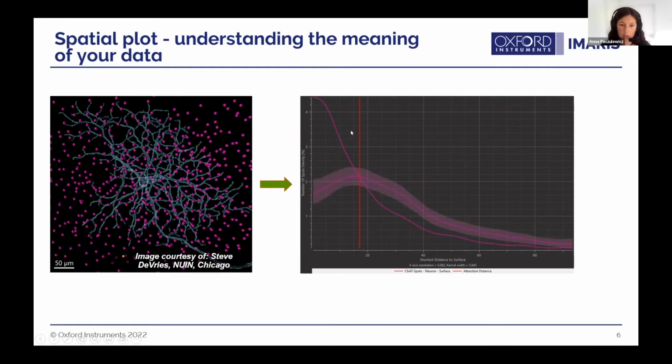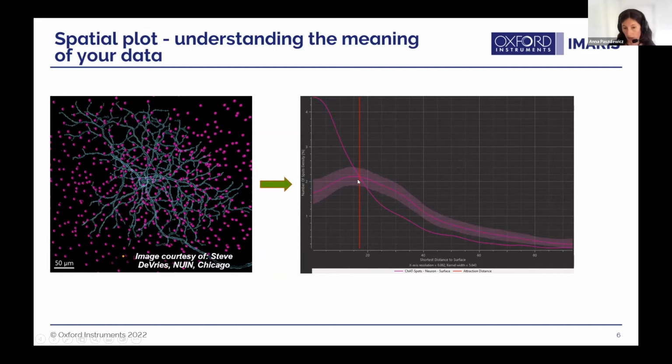Imaris also marks the attraction distance, so the distance up to which the probability and the density of real amacrine cells is higher than predicted by complete randomness.